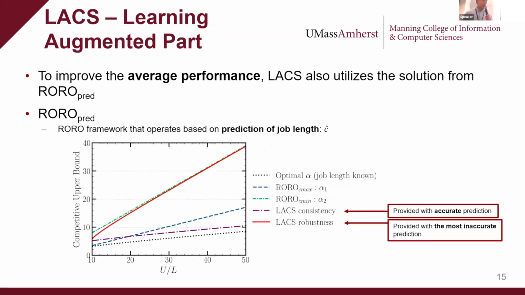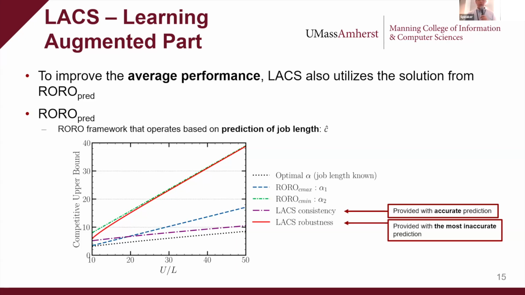And in this figure here, we want to draw your attention to the new purple line and the red line. For this purple line, the setting of consistency, LACS gets quite close to RoRo, which is optimal. The reason it doesn't completely match RoRo is because it still takes into consideration the robust application of RoRo.